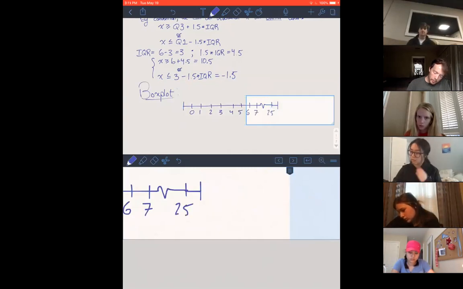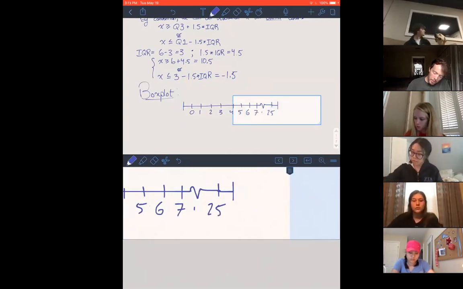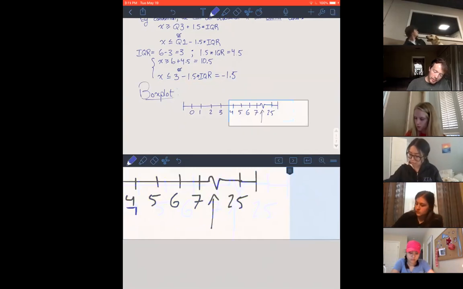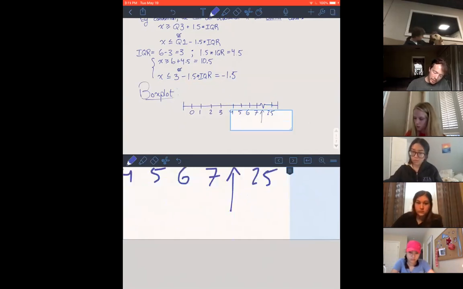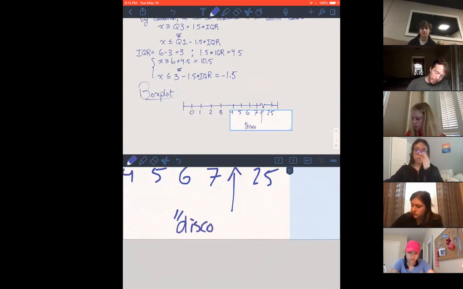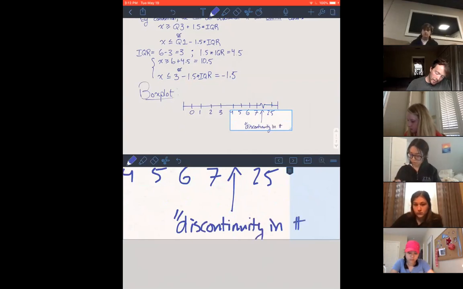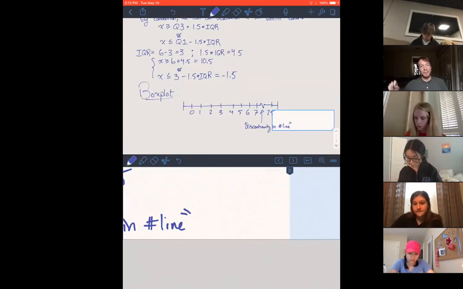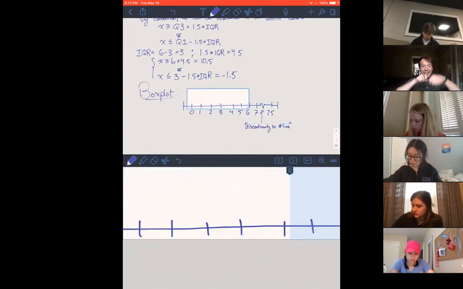Note this little blip I've made. This basically means a discontinuity in our number line. It's me being lazy because I don't want to write all the numbers up to 25. Think of it as me folding the number line right there.